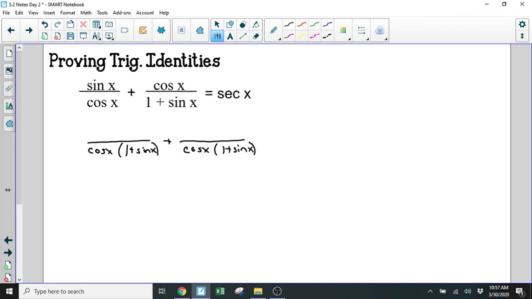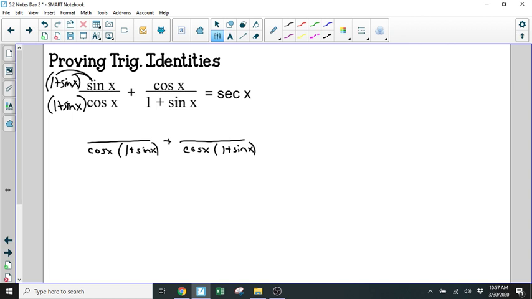Then I go up and look at what is missing from the common denominator. On the first one, you can see we're missing the 1 plus sine of x, so we're basically multiplying by the other denominator. And I would go ahead and distribute that.